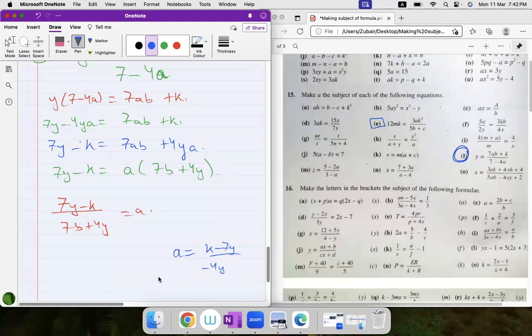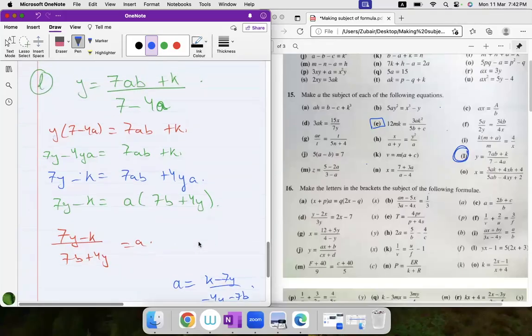The ky and then 4ay was above, and 7b underneath.